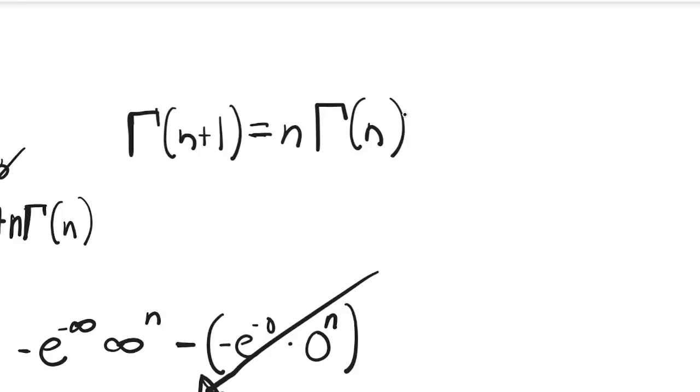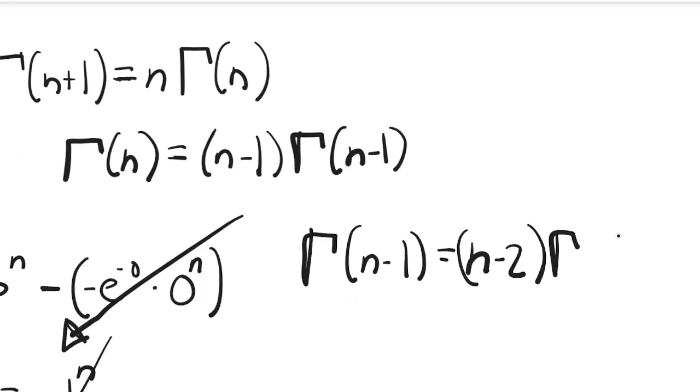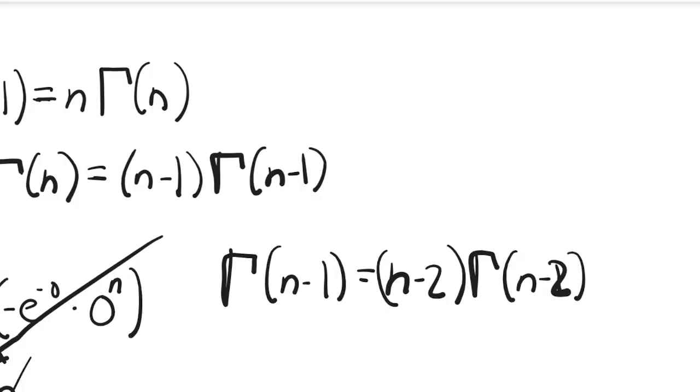So gamma of n minus 1 is equal to n minus 2 times gamma of n minus 2, and we can keep going and write this as many terms as we want. We can even go to infinity if we wanted to, but I'm going to leave it like this.